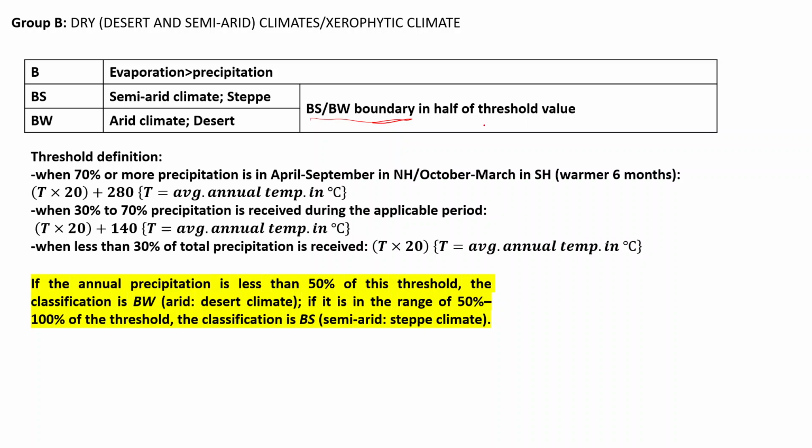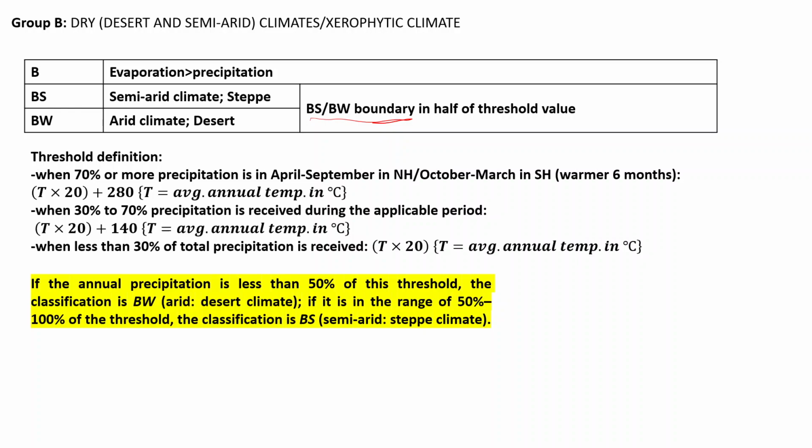We calculate it as half of the threshold value. So what is the threshold definition? It applies to the months of April to September in the northern hemisphere and October to March in the southern hemisphere. We all know that April to September are the warmer months of the northern hemisphere. At the same time, those months are the colder months for the southern hemisphere.